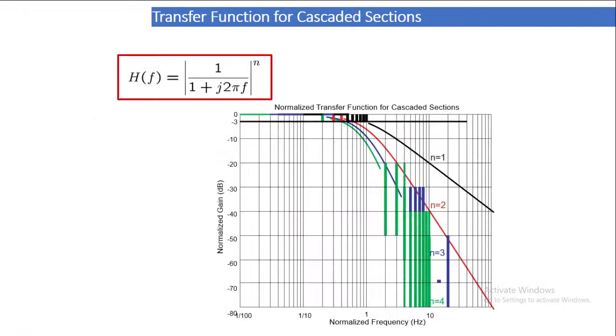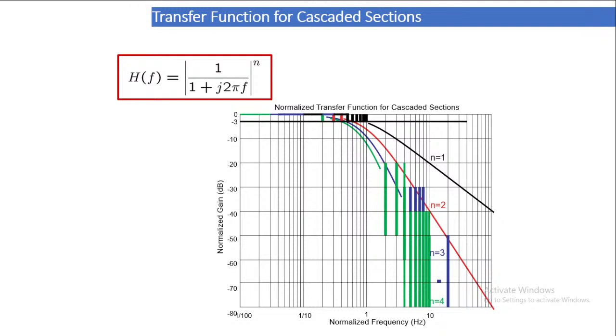This shows you the normalized transfer function for the cascaded section. On the x-axis is the normalized frequency, on the y-axis is the normalized gain.